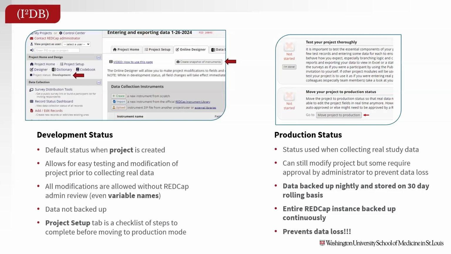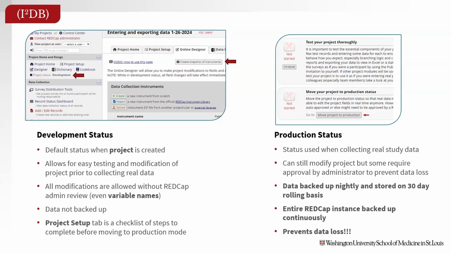Historically, some people have chosen to stay in development because they're making changes to their project. I understand that, but you can still make most modifications to your project automatically while you're in production mode. If you add fields or add instruments, those go through automatically.